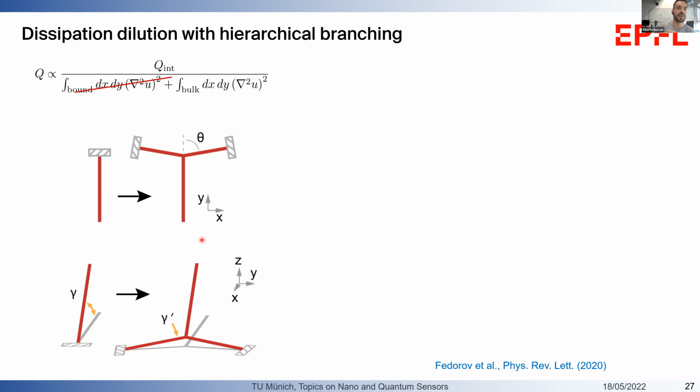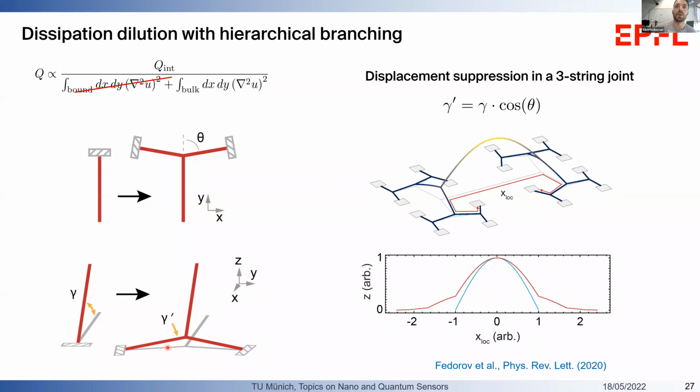And the interesting thing is that the boundary conditions of propagation of elastic waves are such that the displacement gradient will be suppressed by a factor of cosine of theta over the three-beam joint.